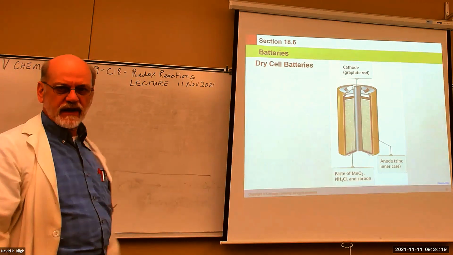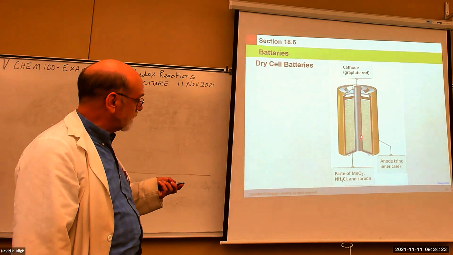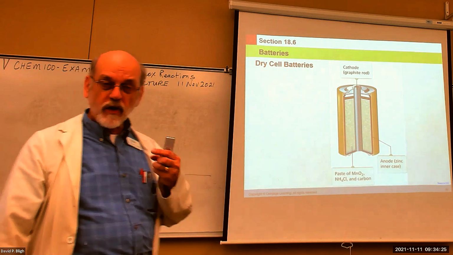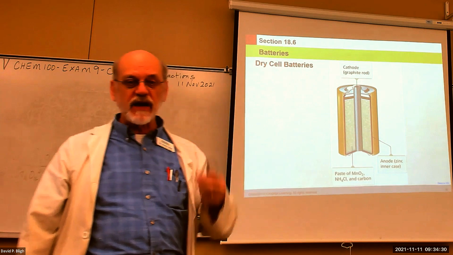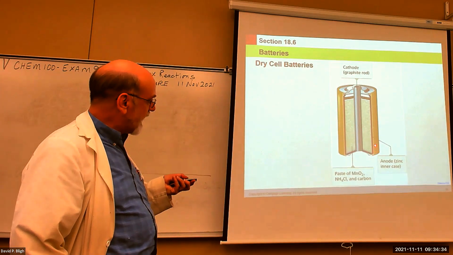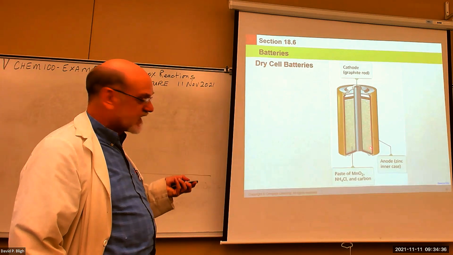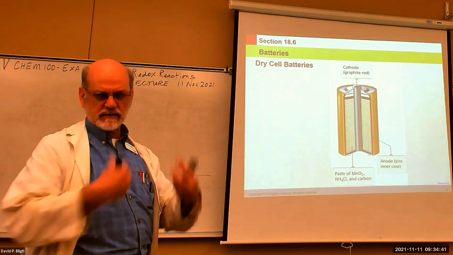This is a cutaway of a dry cell battery. Notice it has a graphite rod in here. The graphite rod is there just to conduct electrons. It does not participate in the reaction. The oxidation takes place at the anode, which is the casing of the battery, made out of zinc, and it's covered to protect it.